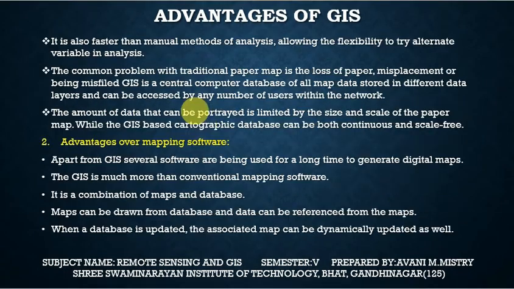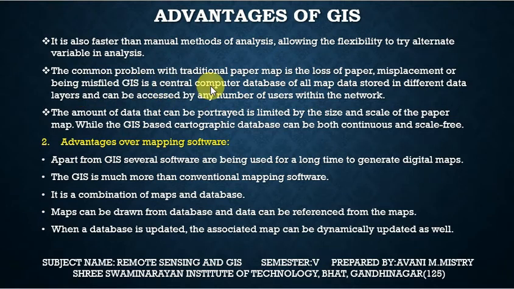Then next, it is also faster than manual methods of analysis, allowing the flexibility to try alternate variables in the analysis. The common problem with the traditional paper map is loss of paper, misplacement or being misfiled.